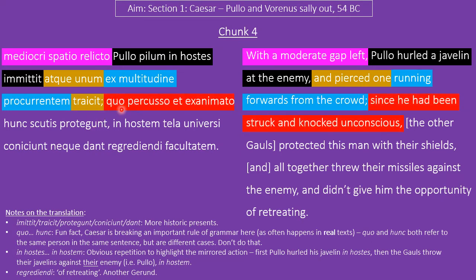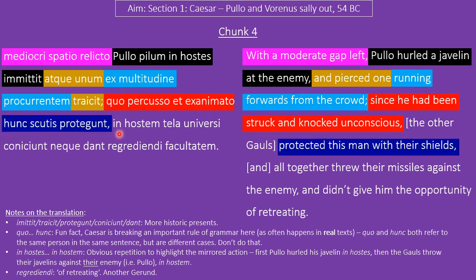Technically, with quo, him, with which person, i.e. the person from the previous sentence, percusso, struck, and exanimato, knocked unconscious, they protect. Note the bit in square brackets here is part of the translation, and when you are translating these lines, you should include it in the English, but I put it in square brackets because it doesn't actually correspond directly to anything in the Latin.